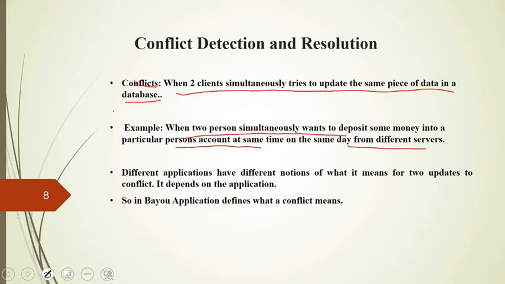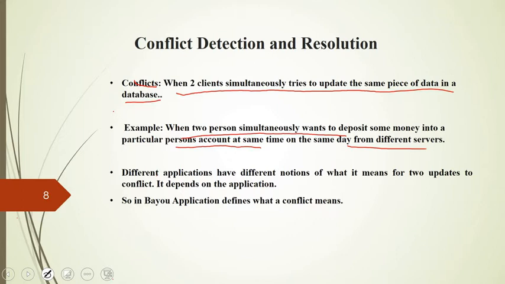So consider an example: John wants to give Peter $100, and Michael wants to give Peter $100. Both are trying to deposit money into Peter's account at the same time on the same day, on different servers.